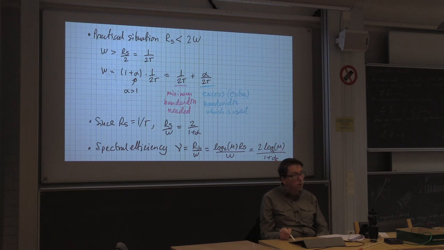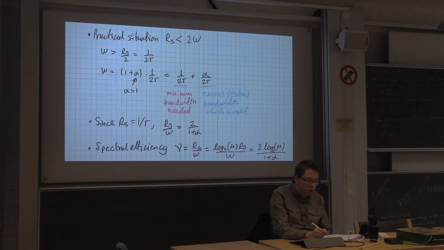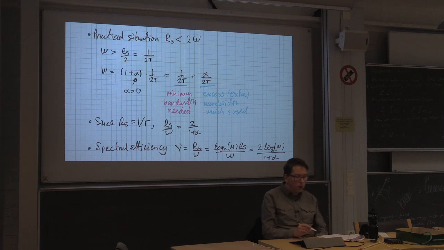But alpha has to be greater or equal to, not 1 here, it should be 0. Sorry about that. Alpha cannot be less than 0. So the smallest we can make alpha is 0, and then the only thing we have left is to work on M. And we will see later on that to have a lot of M, that is to transmit a lot of bits per symbol, we need a lot of power.